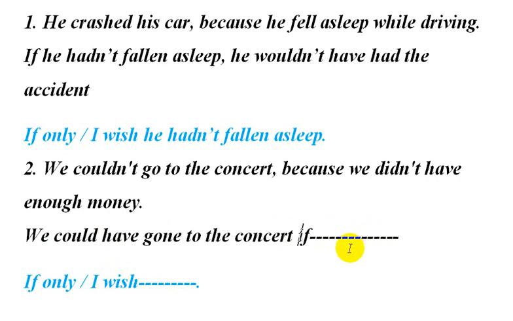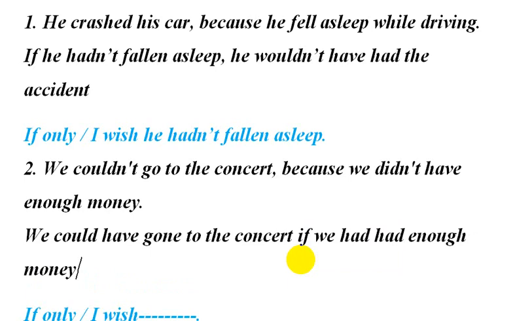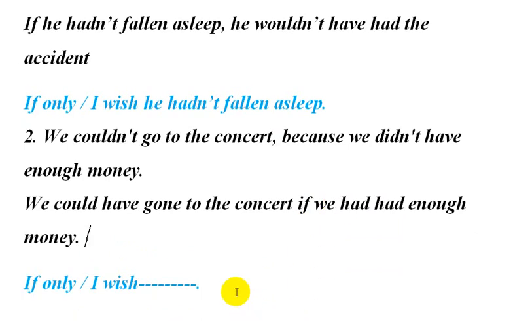Again, there's no comma, as opposed to when you start with if. We could have plus past participle: we could have gone to the concert if what? What's the condition? If we had enough money. Nice. We could express the same idea using one of these words, wish or if only.